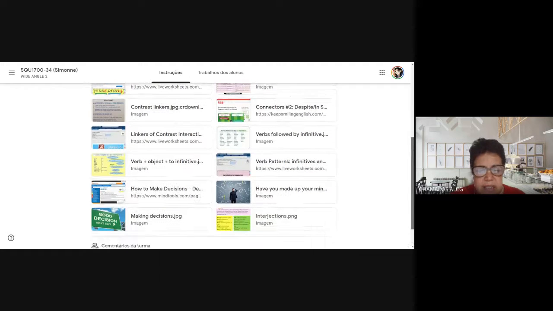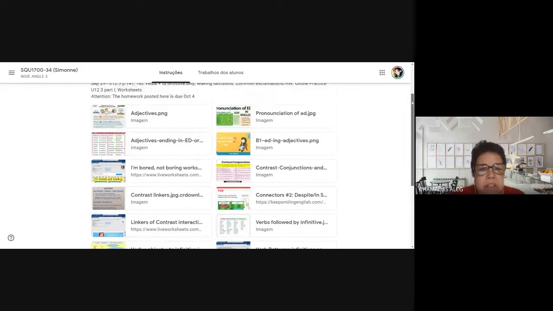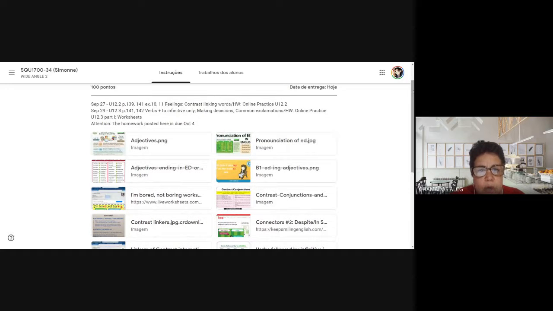And here we have verb patterns, infinitives, and also linkers of contrast from the previous class. So don't forget to do this homework. Today we talked about verbs plus to infinitive, making decisions, and common exclamations. All right, people?